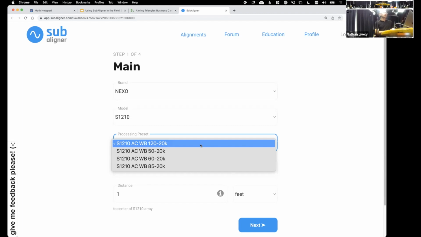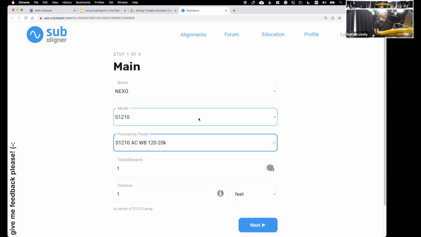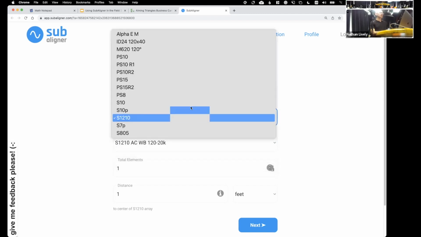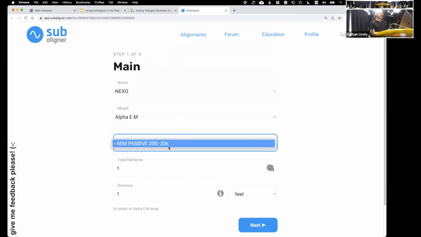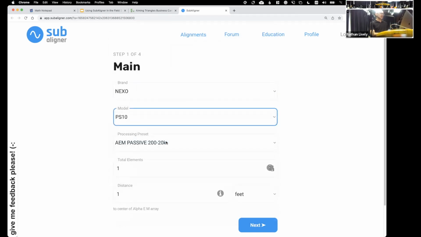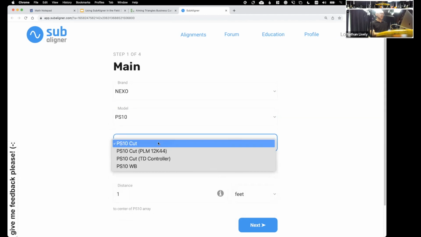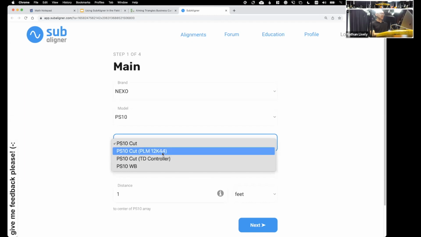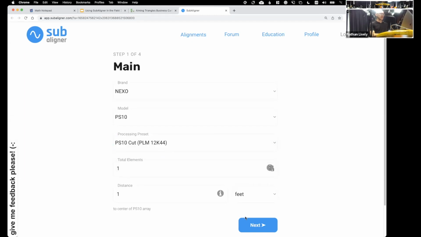That's why with some of the Nexo speakers here, I don't know if I'll be able to find one now, but this is a Nexo speaker that I measured with a Nexo amp. But you can also find some Nexo speakers in here that were measured with, let's see. Yeah, there's some other stuff here that has a TD controller. I think this uses a different amp.